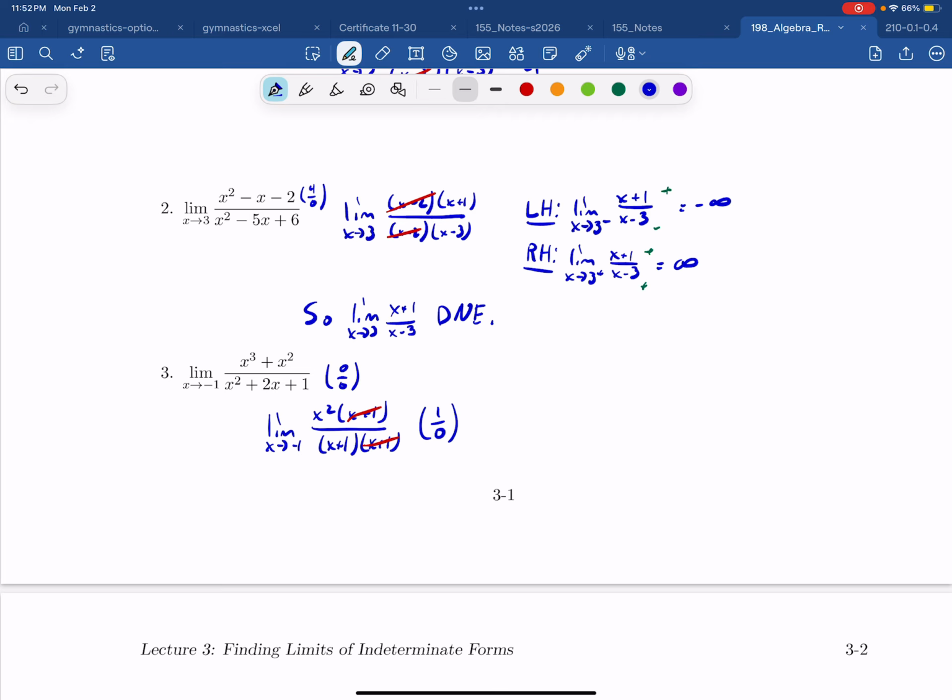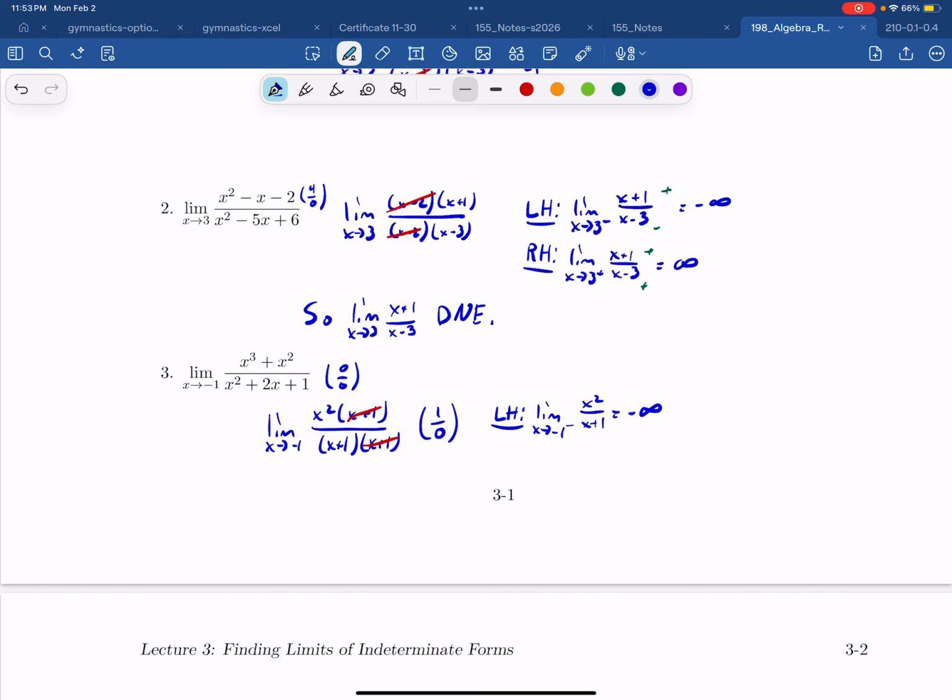Let's take a look here. For the left-hand side, we get the limit as x approaches -1 from the left of x squared over x plus 1. The top is always going to be positive. For the bottom, let's be careful: if x is less than -1, like -1.1, the bottom is negative.